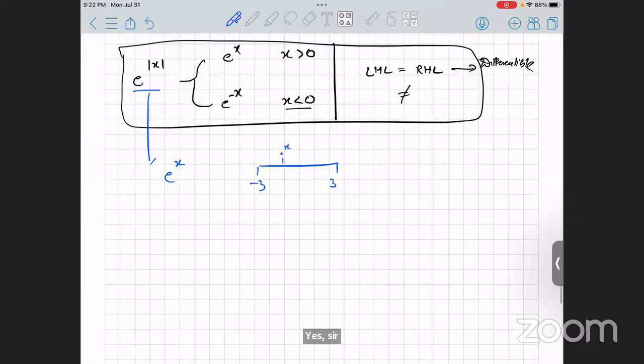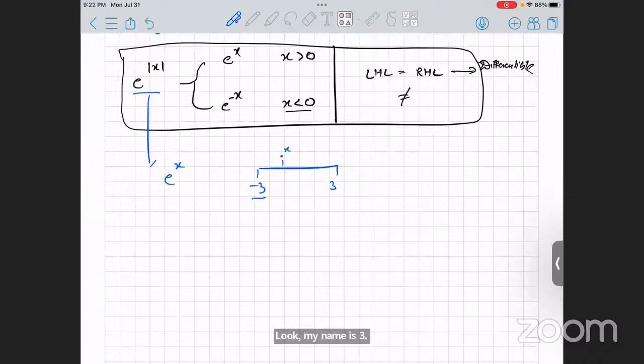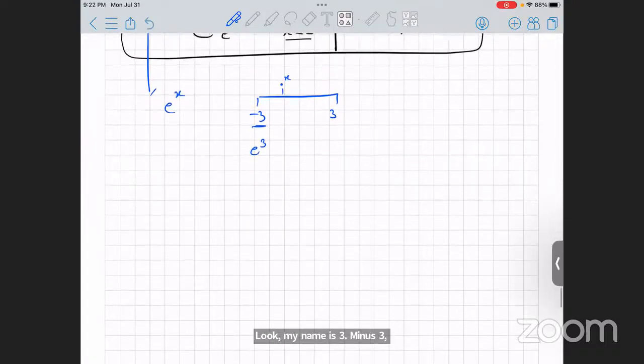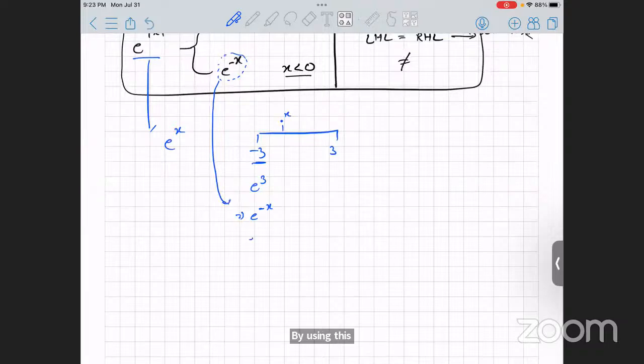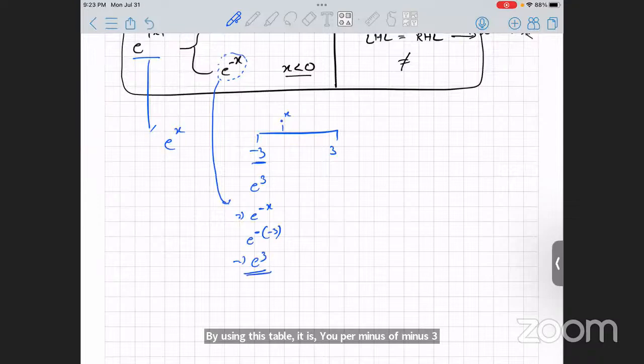Look, minus 3 means e power 3, e cube. Listen to this carefully. By the formula, e power minus x, e power minus of minus 3 is equal to e power 3. Both are same.